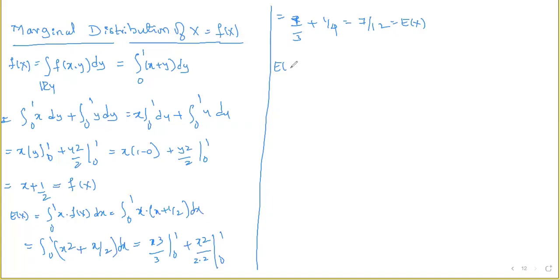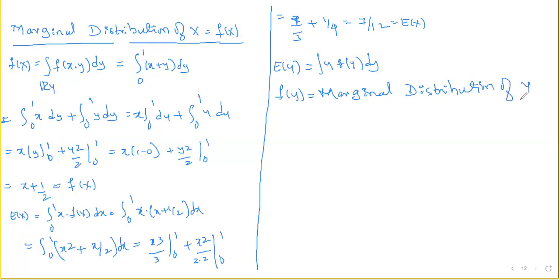Now, for the expected value of y, the formula is integration y into f of y dy. But here f of y is nothing but the marginal distribution of y. So f of y equals the integration over the range space of x of f of xy dx.